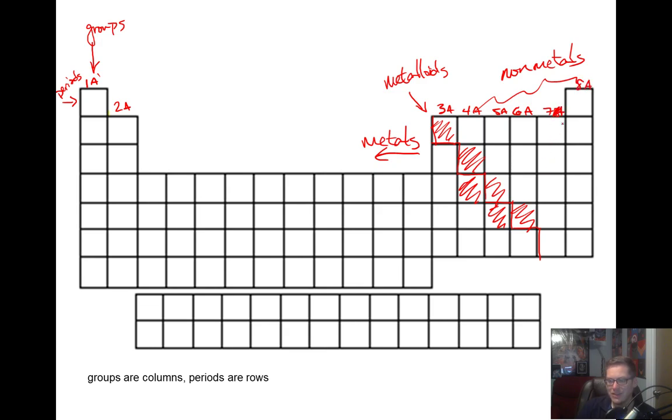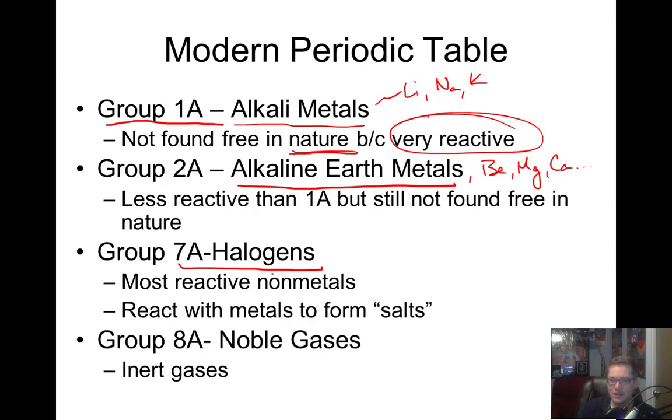So 7A, these here, are the halogens, and they're very reactive. In fact, they're the most reactive nonmetals. Remember, the nonmetals are the ones to the right side of the stair-step line, and the halogens are the most reactive nonmetals, and they form salts. A salt is defined as a metal with a nonmetal.